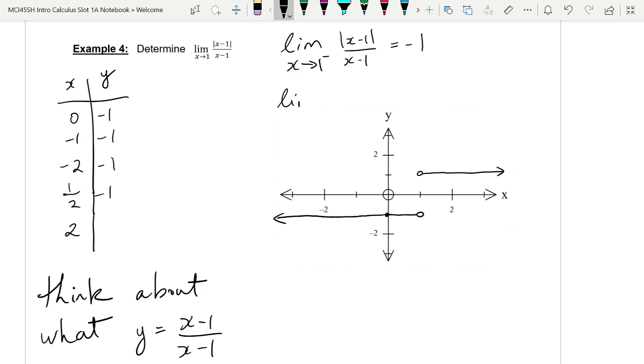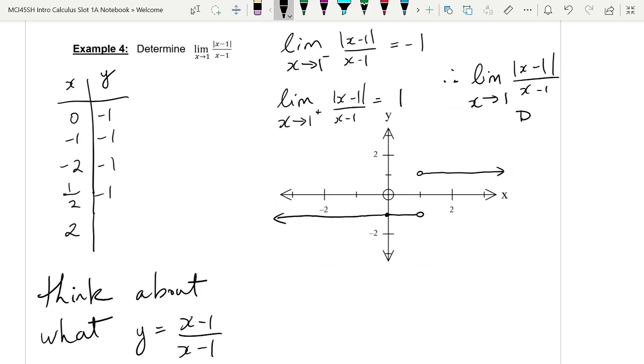And I can say that the limit as x approaches 1 from the right of this function is +1. So if the left limit and the right limit don't equal each other, what do you say? It's discontinuous, and therefore the limit overall of this function does not exist.